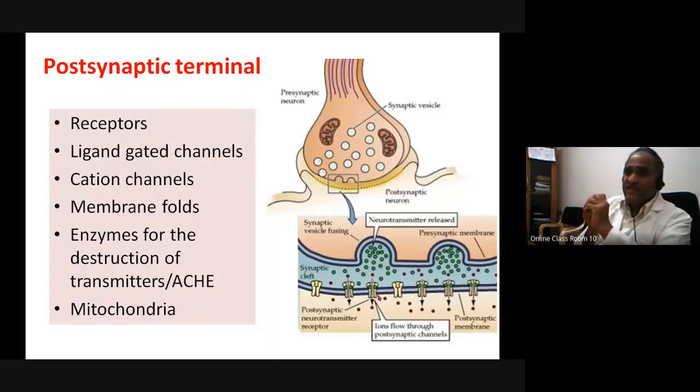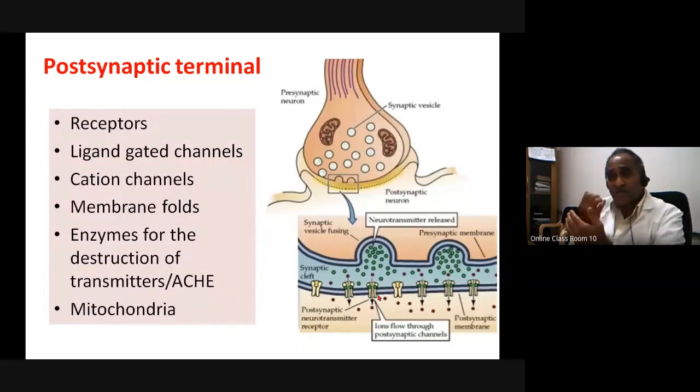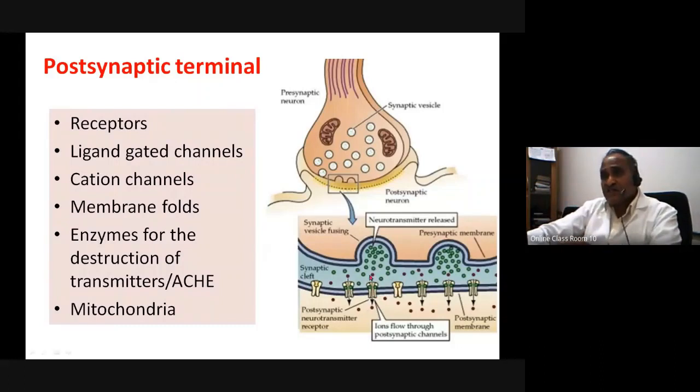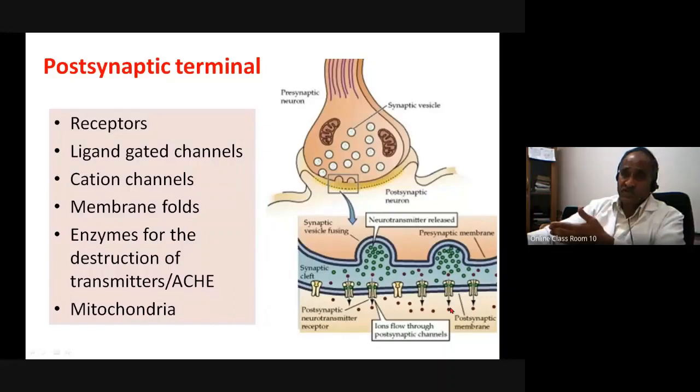Then neurotransmitter destruction is required, because if the neurotransmitter sits on this all the time, that will keep depolarizing, and that may produce an excitotoxicity. To prevent that, we have enzyme systems, especially for acetylcholine. It is the acetylcholinesterase enzyme system sitting here by the side. Immediately, it will start destroying the acetylcholine molecules, so that it limits the synaptic transmission.